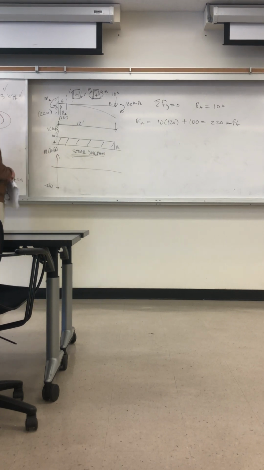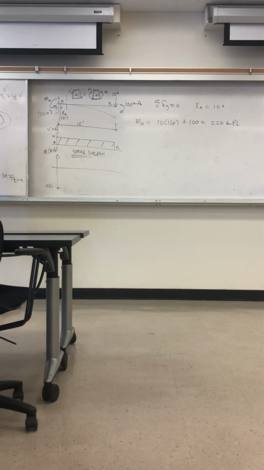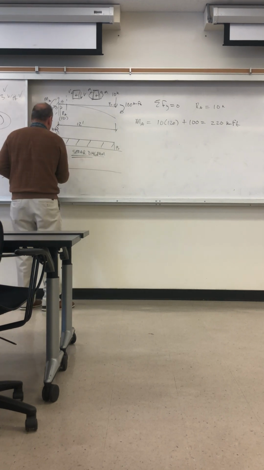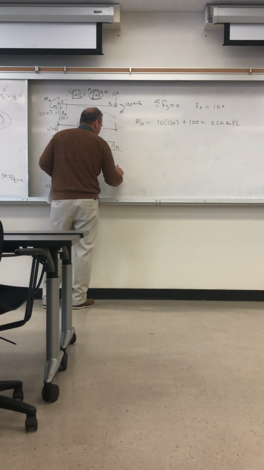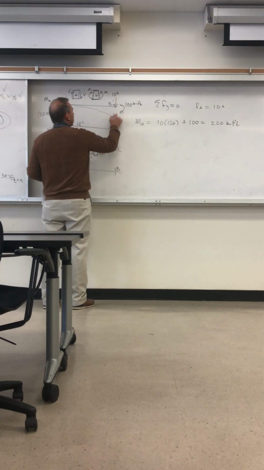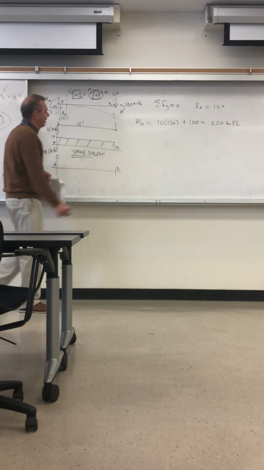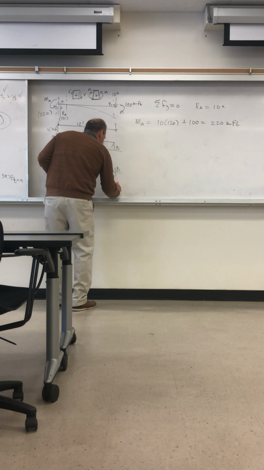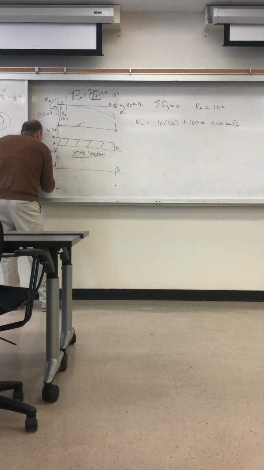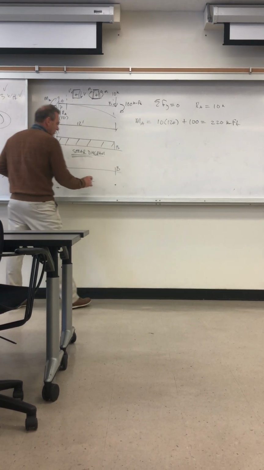And at the right, what is the moment on the right? At B, what's the bending moment right here? It's right there, it's staring at you. It's minus 100. And in between, it's just a straight line.